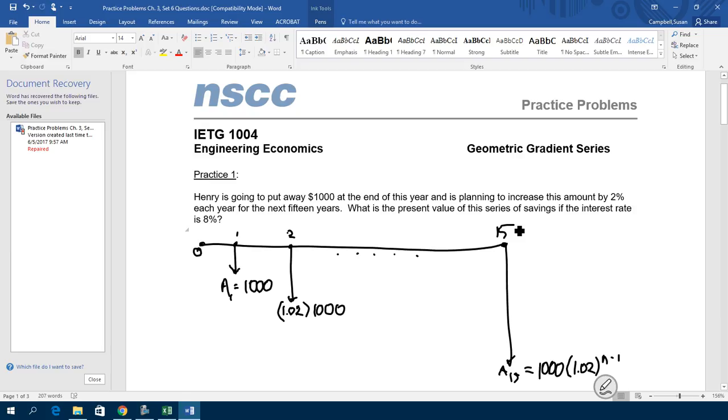In this case, we don't have a consistent amount every year because it's changing by a rate. We're going to have sort of a curved line here, and n is 15.